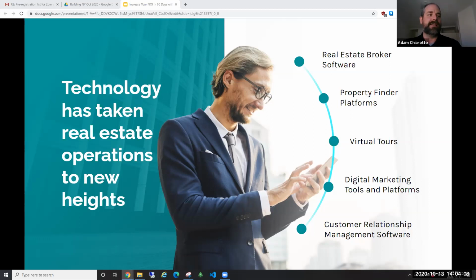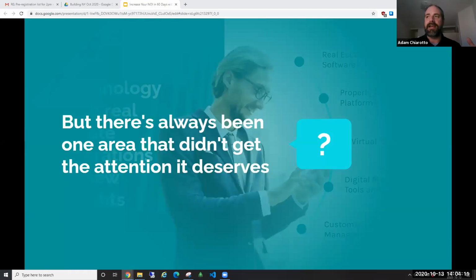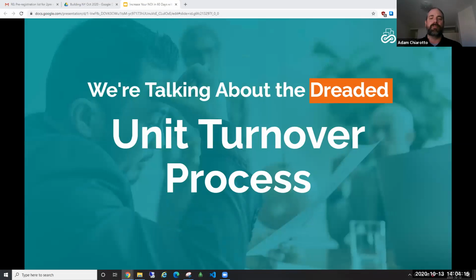But there's one place that really hasn't gotten the attention that it deserves. We call it the dreaded unit turnover process. And when I say that, I'm not saying it in a bad way. I'm not saying we don't want this unit turnover process to happen. What I'm saying is that it can be a very cumbersome process.